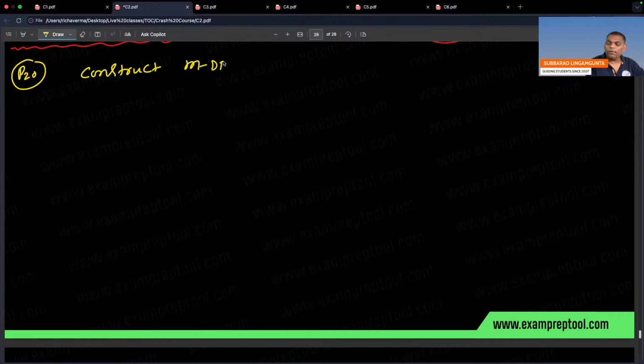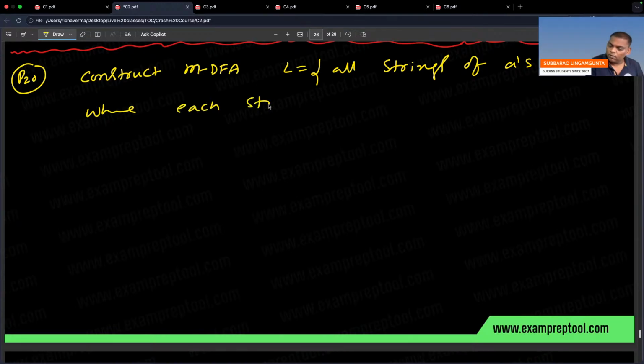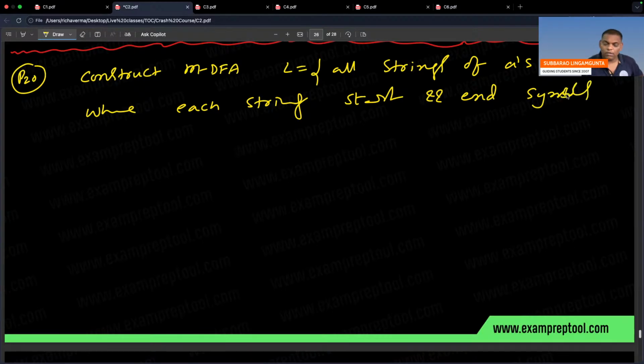Construct a minimal DFA for the language L equal to all strings of A's and B's where each string's starting and ending symbols are different.